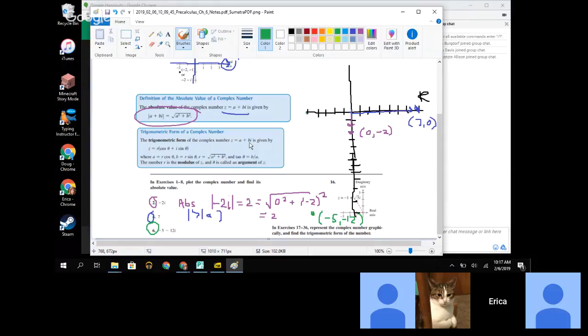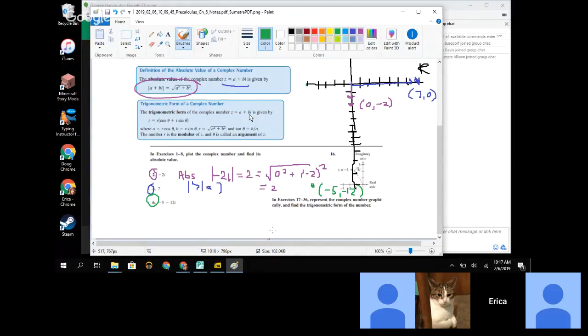Okay, if I want to find the absolute value of that, I'm going to do a little bit of math, and I'm going to add a little bit to my page. Okay, so the absolute value of negative 5 minus 12i is basically going to be the Pythagorean theorem, right? You're going to take the square root of negative 5 squared plus negative 12 squared.